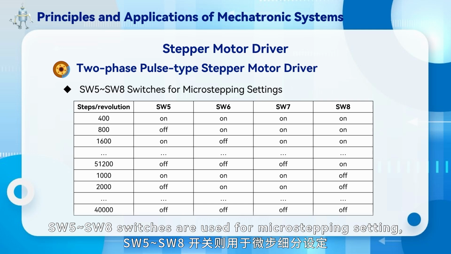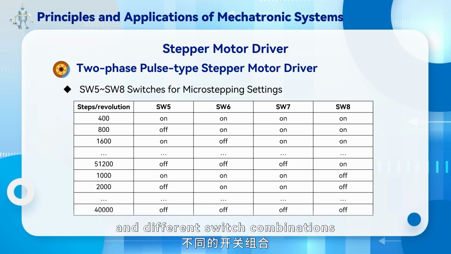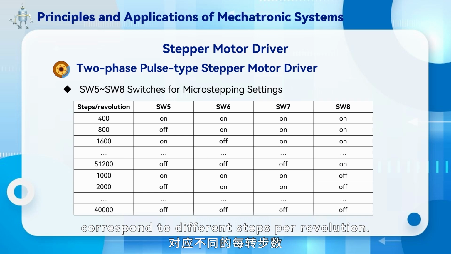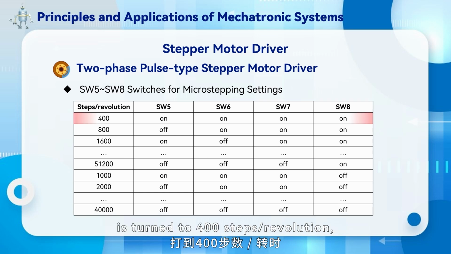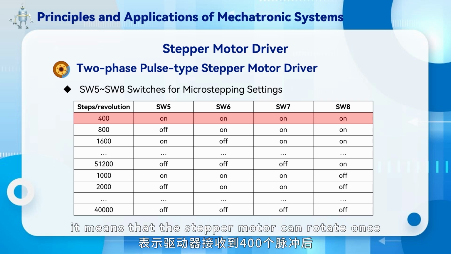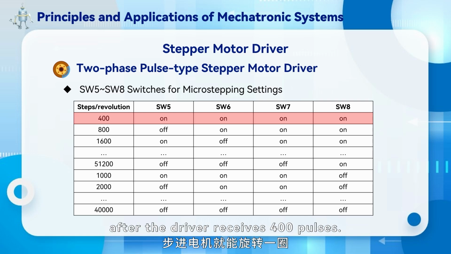SW5 to SW8 switches are used for micro-stepping setting, and different switch combinations correspond to different steps per revolution. For example, when the switch configuration is turned to 400 steps per revolution, it means that the stepper motor can rotate once after the driver receives 400 pulses.